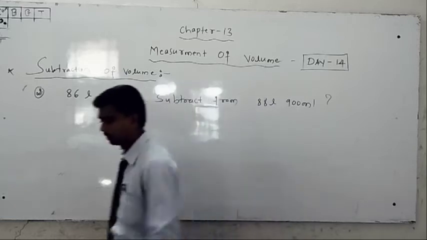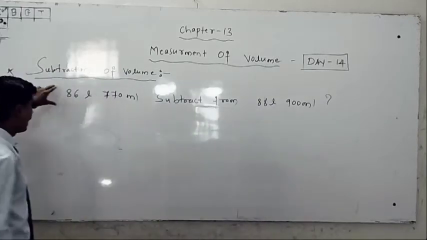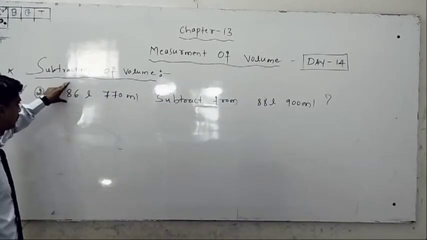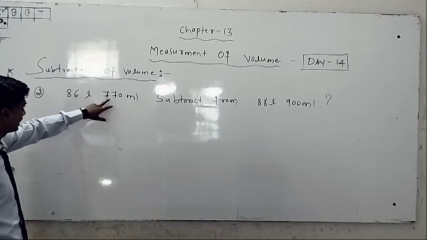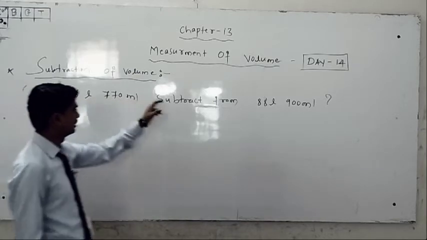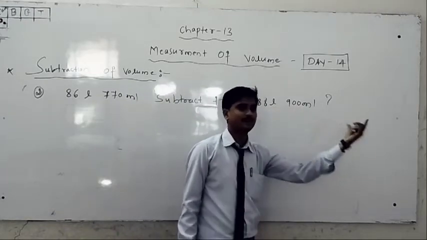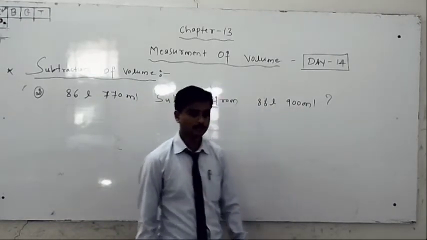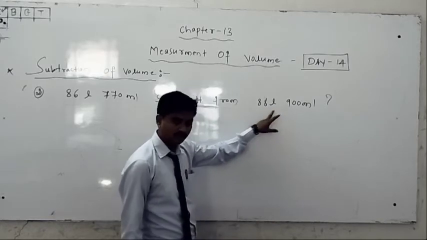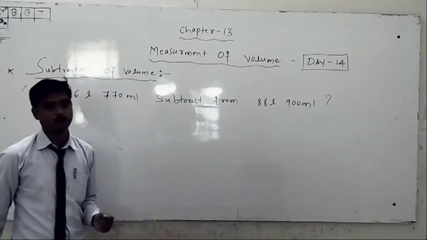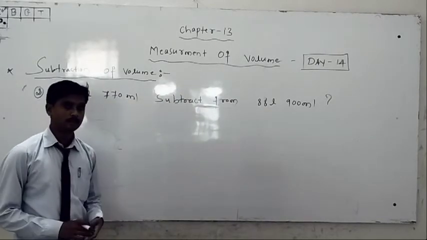This is the question. Okay, you have to understand the given problem. It is also the same. This number you should write first, then you have to write this number below, because that is the bigger number.